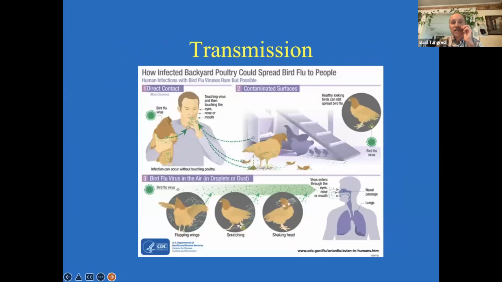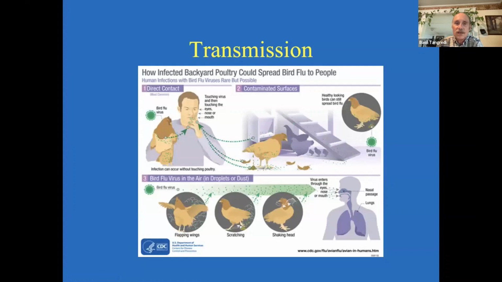This is a CDC infographic on the transmission. You have direct contact transmission with birds. And here's a person handling the bird and mistakenly touching his face. Contaminated surfaces, what they call fomites. This could be litter. This could be the places the birds are feeding.